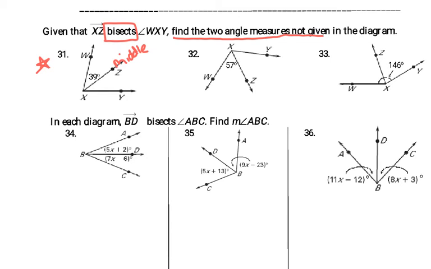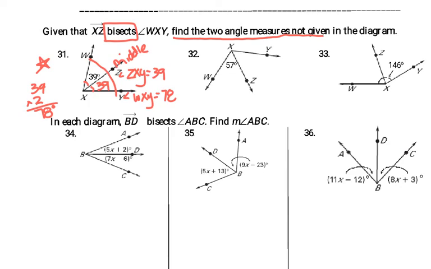That means if I have 39 on this side, I also have a 39 on this side. And that makes the whole thing 39 times 2 for a grand total of 78 degrees. So the measure of ZXY is 39. And the measure of the whole thing, WXY, is 78.